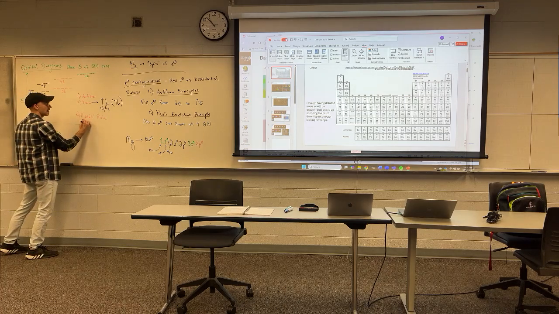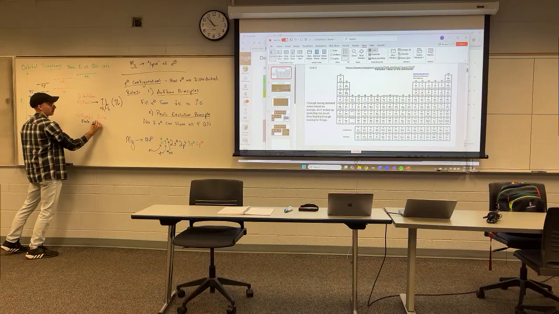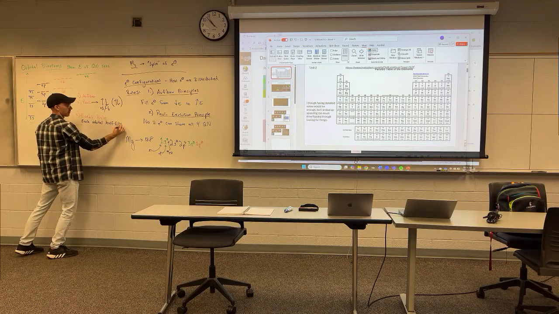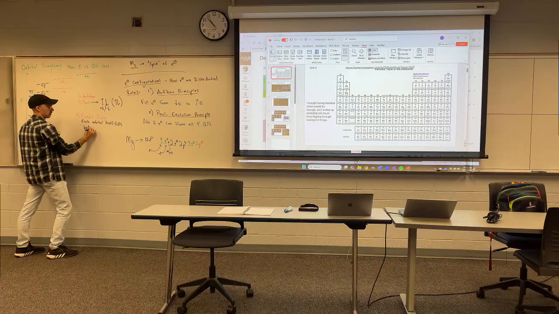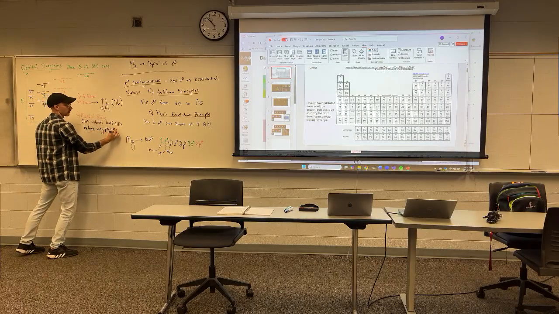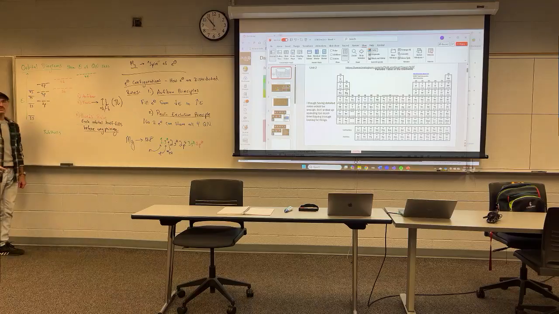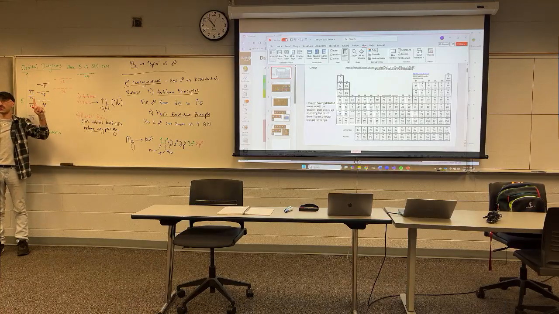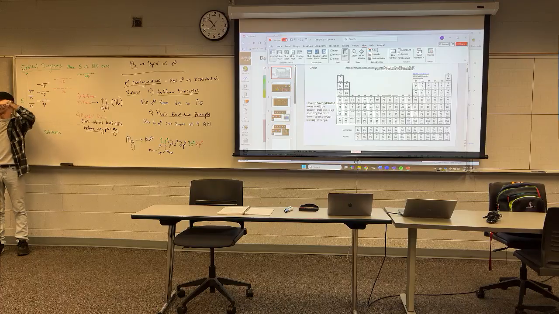So each orbital half fills before any pairing occurs. You will not have spin up and spin down until every orbital has spin up or spin down.